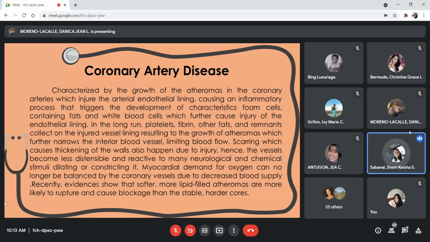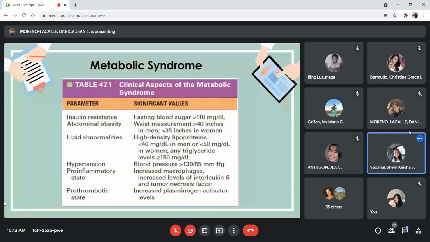Meanwhile, if our atheromas are more stable, meaning less lipid filled, then they are less likely to rupture, which will have lesser chances of causing blockage in our blood vessels. So that is the relationship between coronary artery disease and, of course, the lipid levels in our body. So let us move on to the next slide.